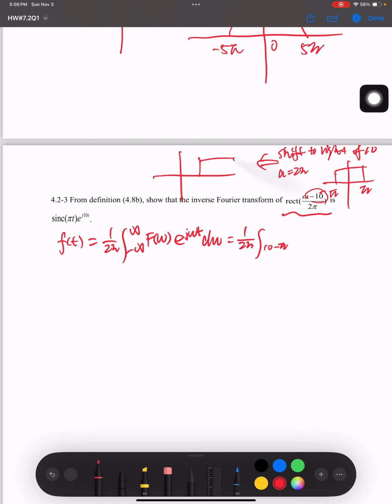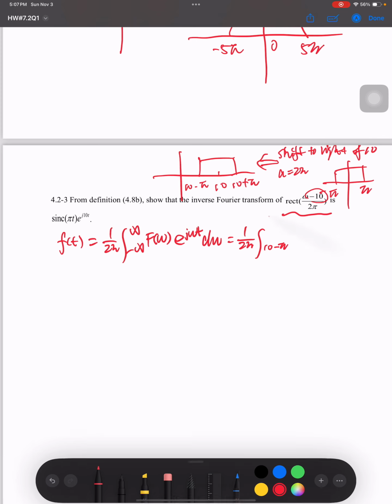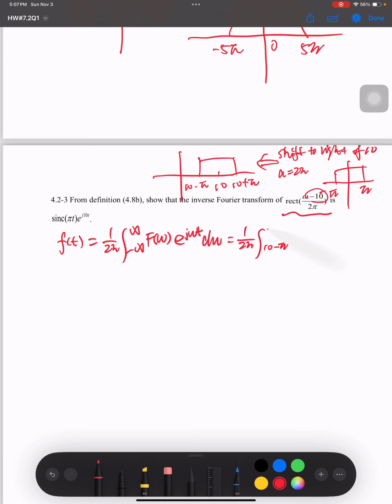This is 10, and this is 10 minus pi and 10 plus pi, right? So we just integrate from 10 minus pi to 10 plus pi of e to the j omega t d omega, and then we calculate this integral.